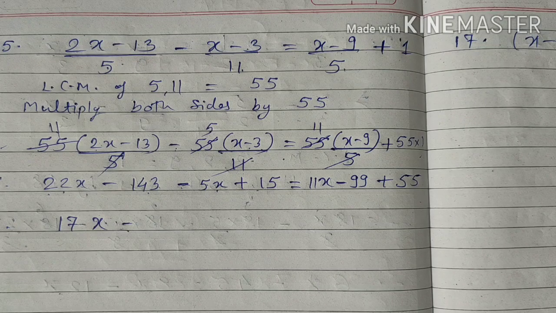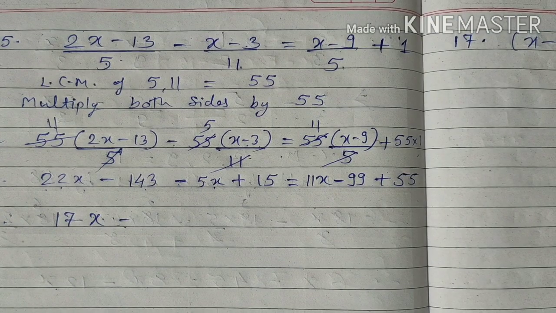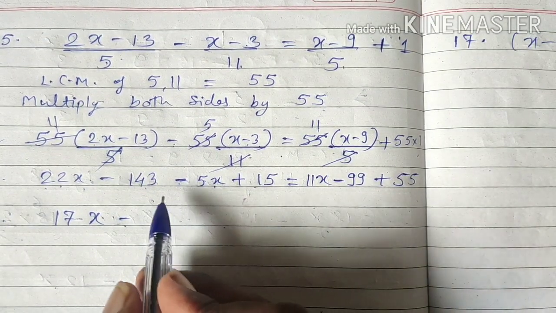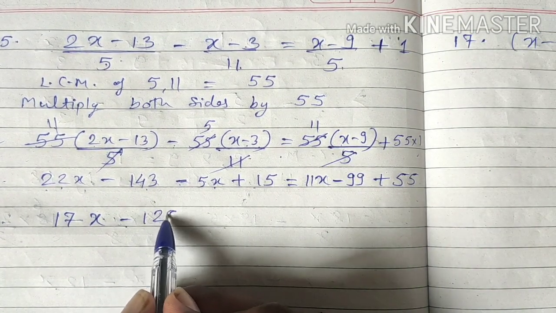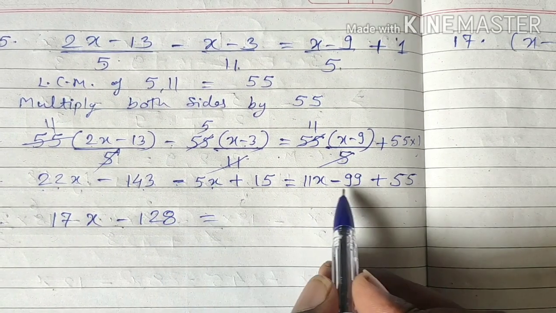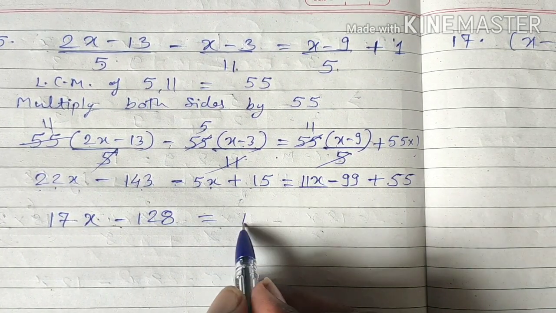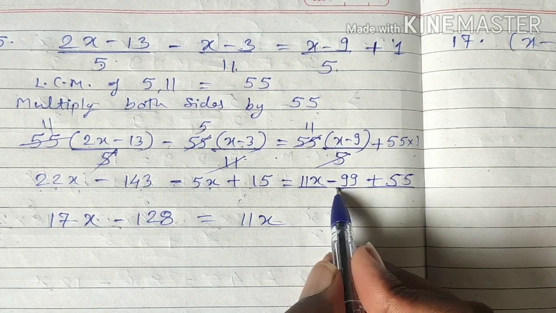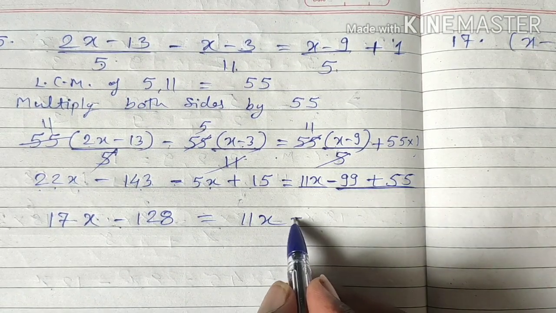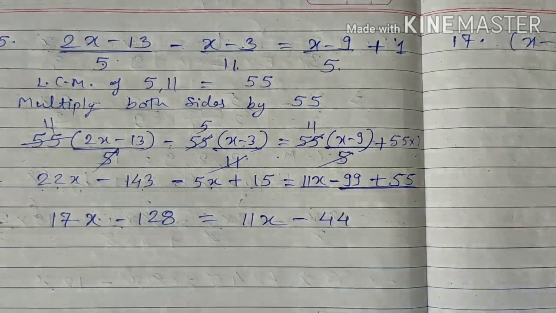So it is 17x minus 128 is equal to 11x is the same, minus 99 plus 55 will give us minus 44.